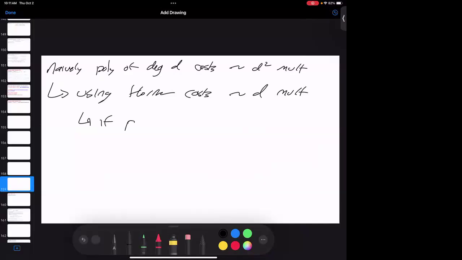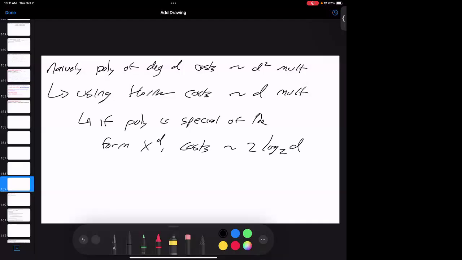If the polynomial is special, of the form x to the d, it costs about 2 log base 2 of d multiplications. And this is a really good general rule that often you can do better in special cases.